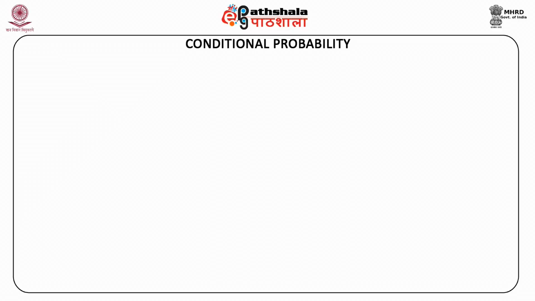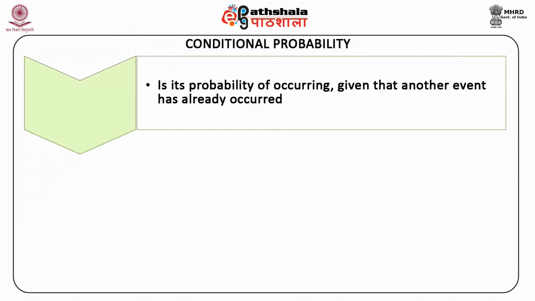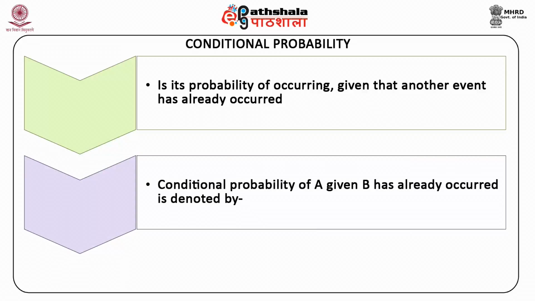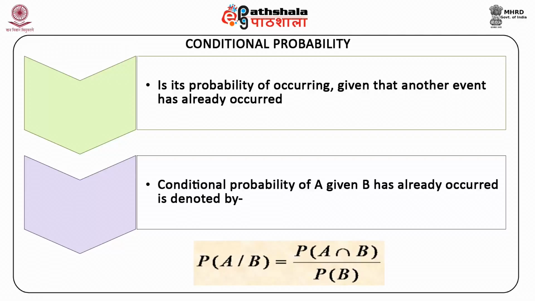Conditional probability of an event is its probability of occurring given that another event has already occurred. If A and B are events in the same sample space, then the conditional probability of A occurring given B has already occurred is denoted by P(A/B) equal to probability of A intersection B upon probability of B, for probability of B not equal to 0.